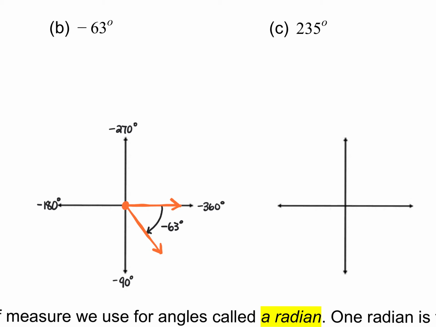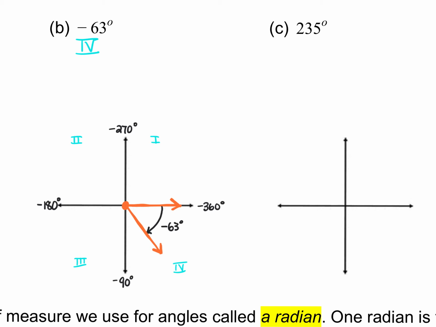Okay, next up, we need to figure out what quadrant we're in. If we label our quadrants 1, 2, 3, and 4, we can clearly see that we are in quadrant 4. Then we're going to find a positive coterminal angle and a negative coterminal angle. Just like we did before, to find a positive coterminal angle, we reverse direction.